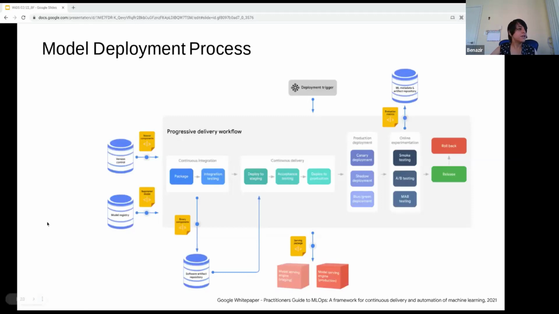And again, there are all these different tools, such as model registry, artifact repository, the model serving engine, and depending on the framework of the model that you have, you may choose different types of prediction servers.